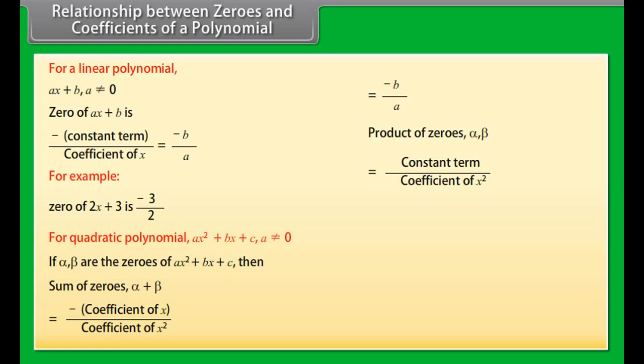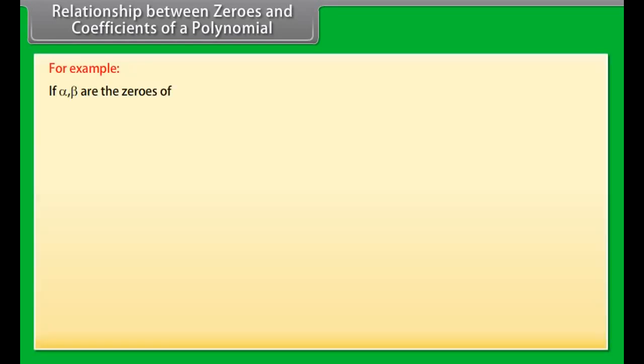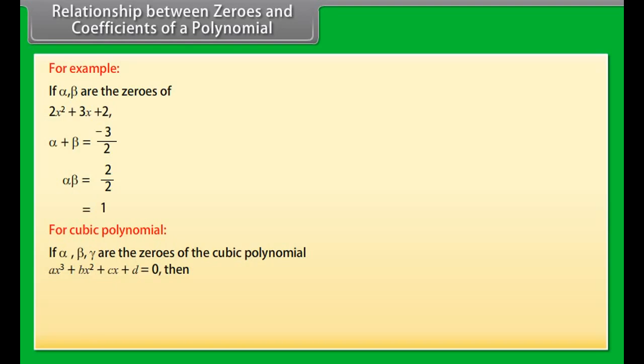For a quadratic polynomial ax² + bx + c, a is not equal to 0. If alpha, beta are the zeros of ax² + bx + c, then the sum of zeros, alpha + beta, is equal to −coefficient of x/coefficient of x², which equals −b/a. The product of zeros, alpha beta, is equal to constant term/coefficient of x², which is c/a.